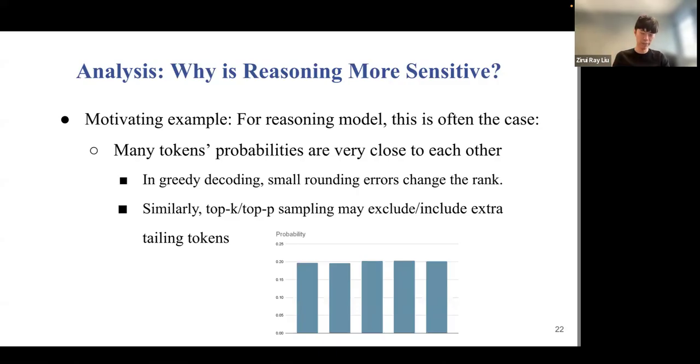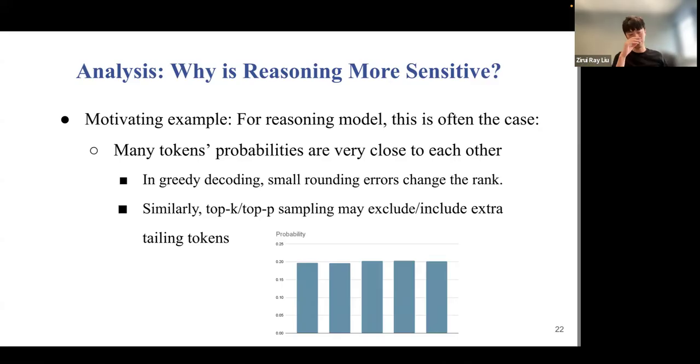Similarly, top-K and top-P sampling also rely on ranking. For example, top-K means you only sample from the top K tokens, right? In practice, K is often set to 20. That means you first rank the tokens, select the top 20 tokens, and sample among them.